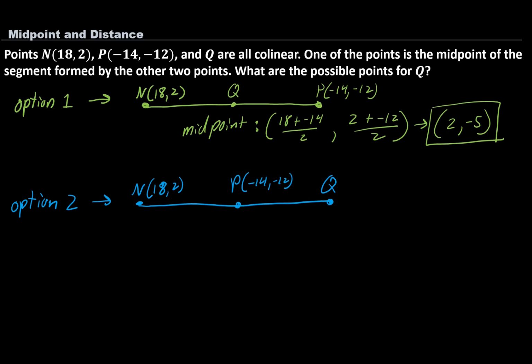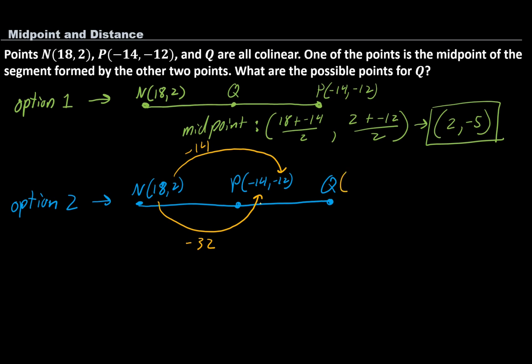If that's the case, then we need to do what we did in a previous problem and look to see how we change as we go from one point to the next. So to go from 18 to -14, we would end up subtracting 32. And to go from 2 to -12, we would end up subtracting 14.